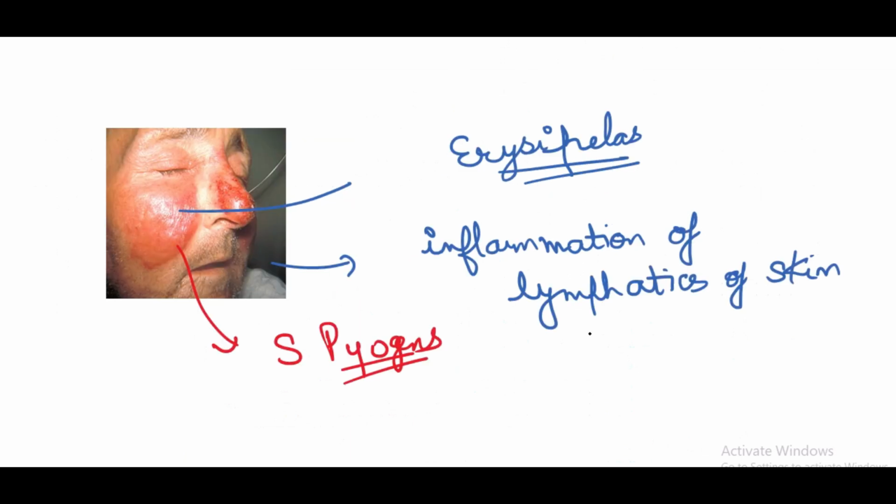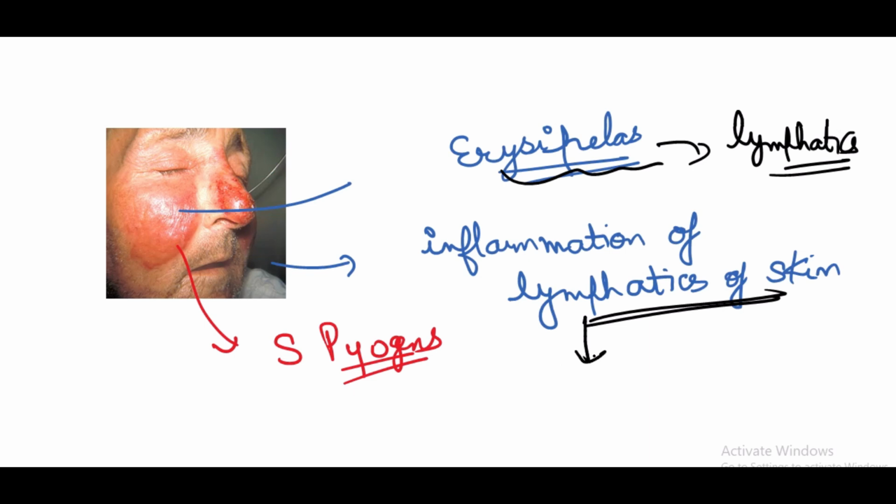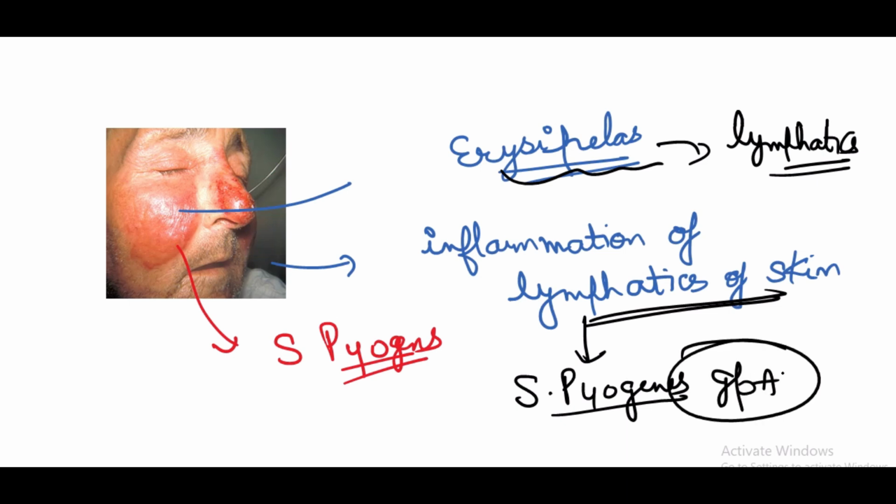The other is erysipelas. So remember, it is an acute inflammation of the lymphatics of the skin or mucous membrane, and it is caused by Group A S. pyogenes, and the mode of entry is wounds, scratches.